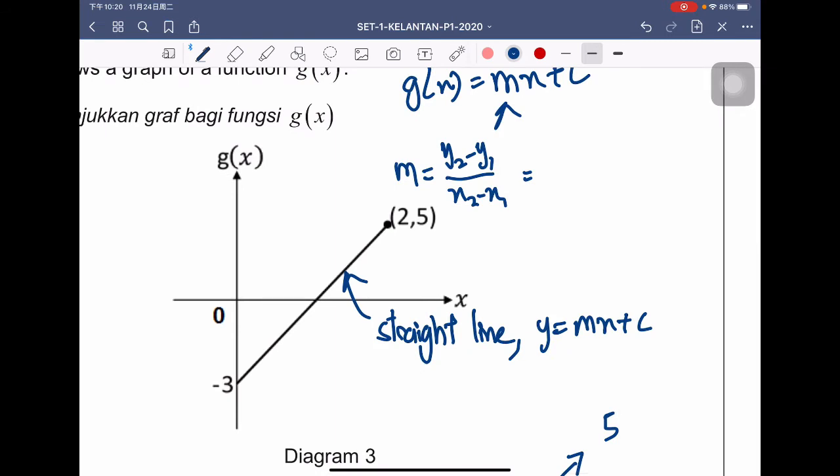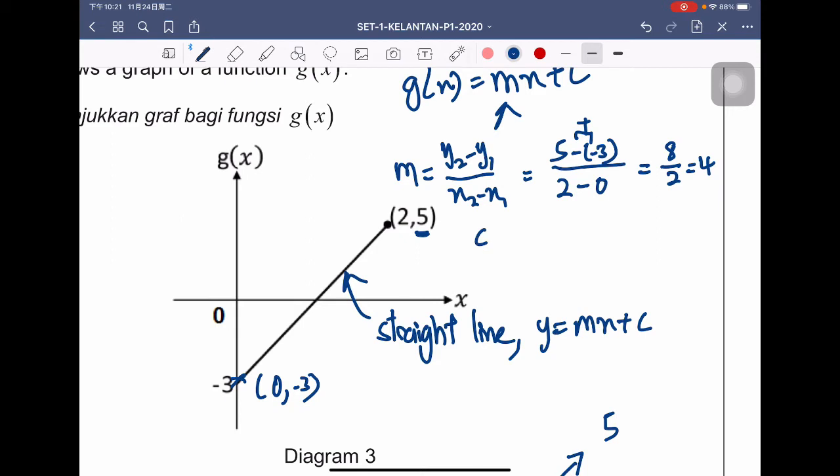So 5 minus -3 over 2 minus 0. Here it will become plus. So 5 plus 3 is 8 over 2 will become 4.